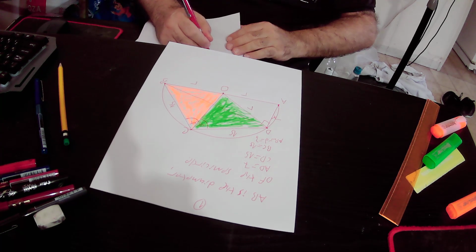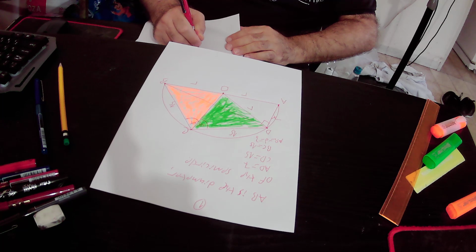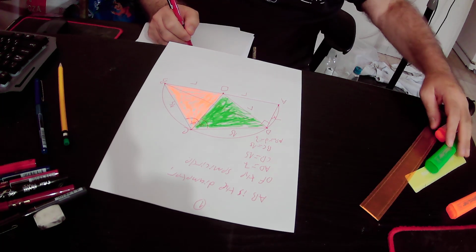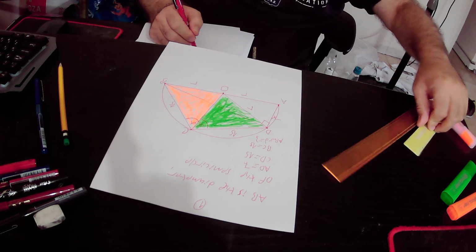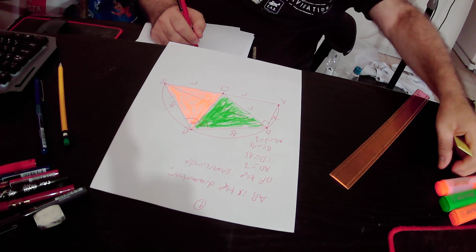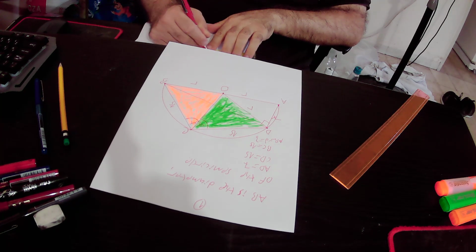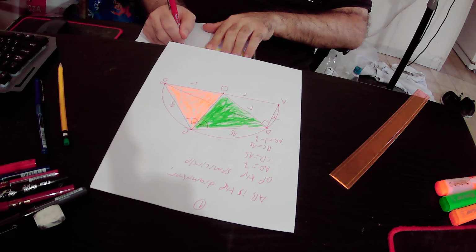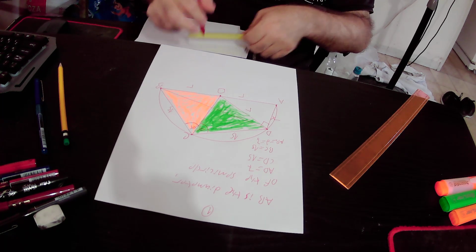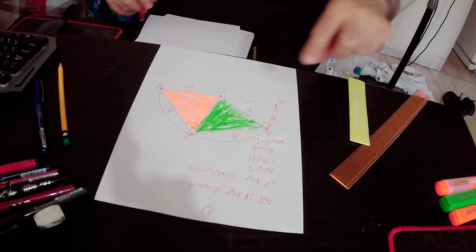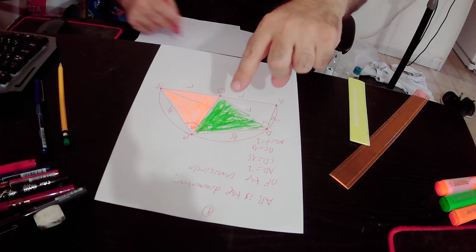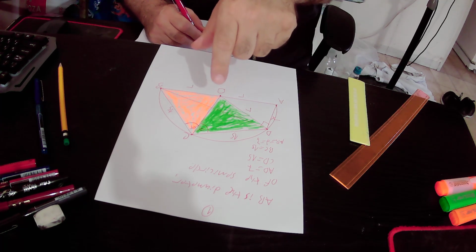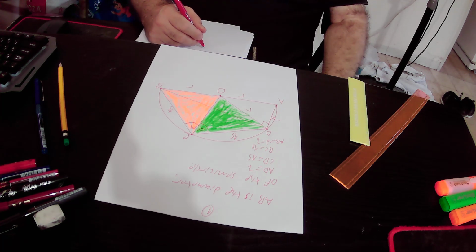So in triangle DCB, we know that side DC of triangle DCB is equal to side CB of triangle DCB.